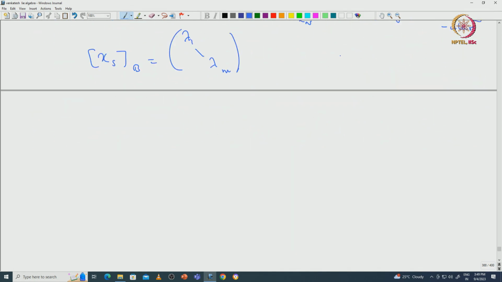Now you can see that in order to prove xs being 0, it is enough to prove these lambda i's are 0.